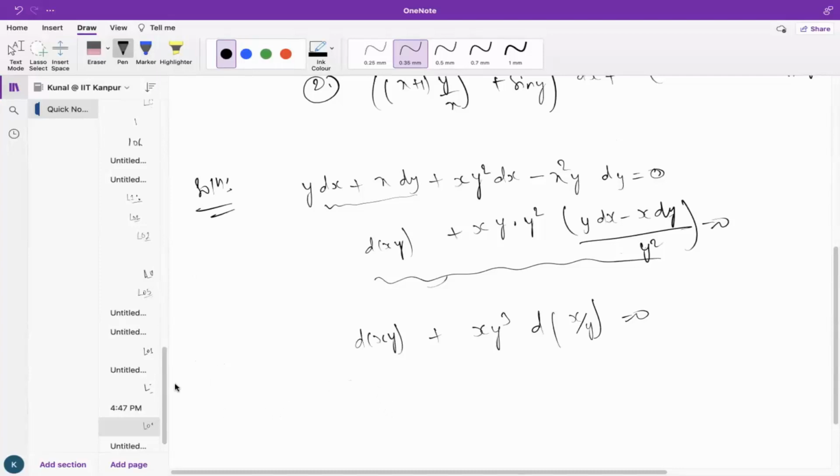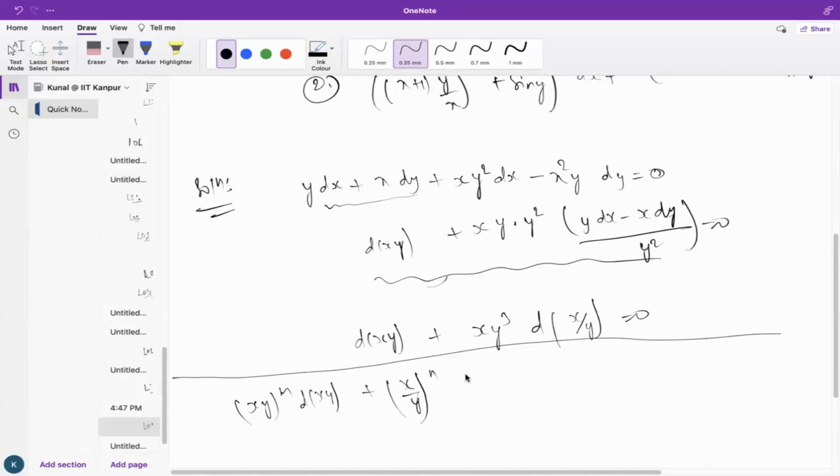So let me show you again. If anywhere you find such a form, xy to the power m, d of xy plus x by y to the power n, d of x by y is equal to 0, we have to solve this equation and find the values.